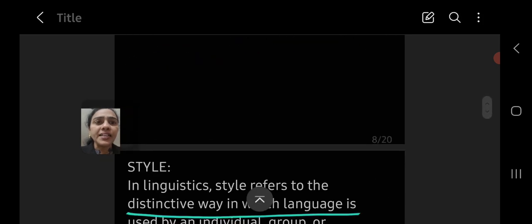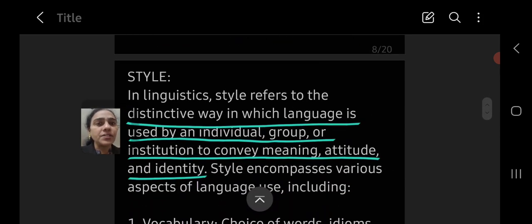We can also see that register in linguistics is asked together with style in the question. Do you remember? There is a difference between register and style, but they are mostly asked together. That's what I noticed in the earlier question papers. So, after writing the register, you are supposed to write about style as well.